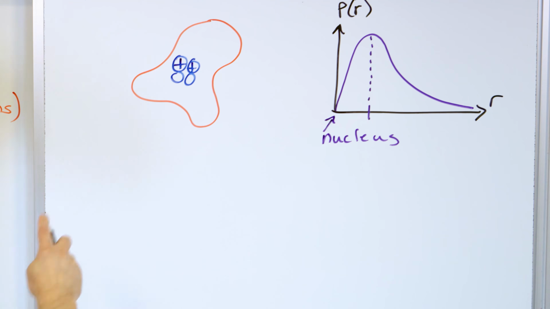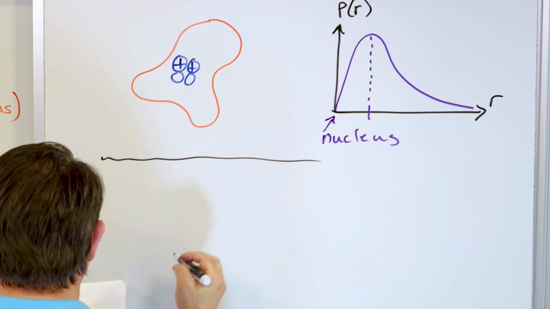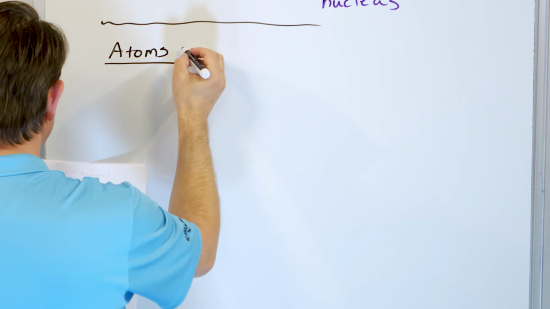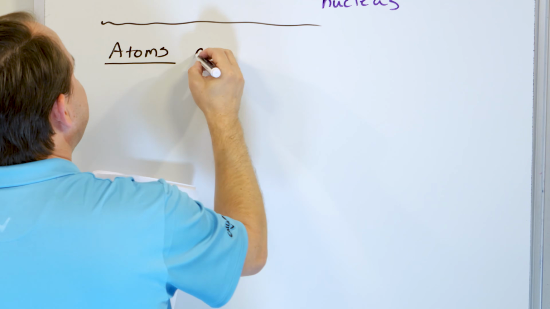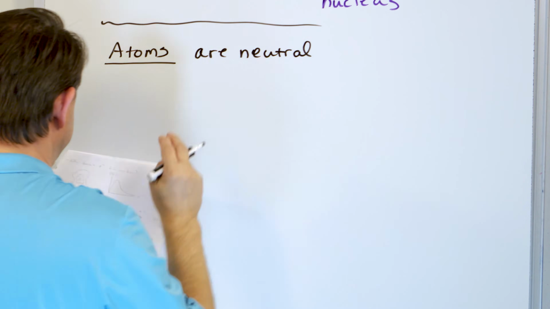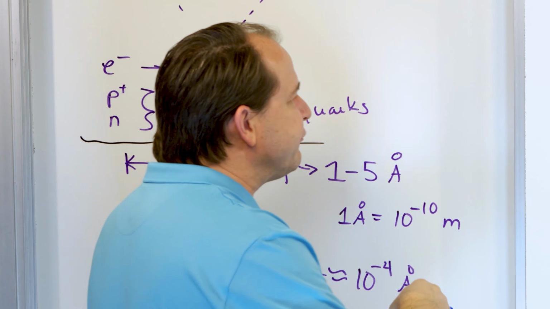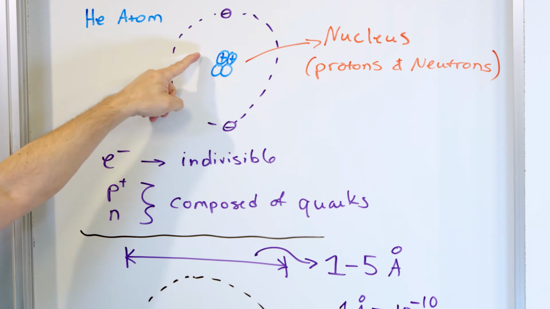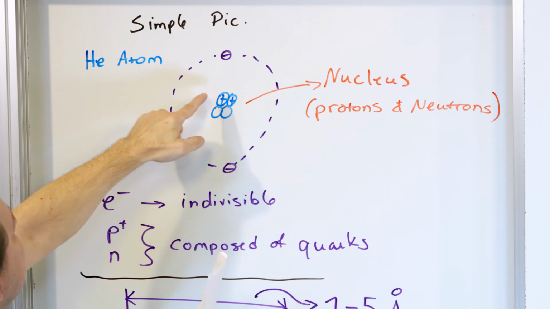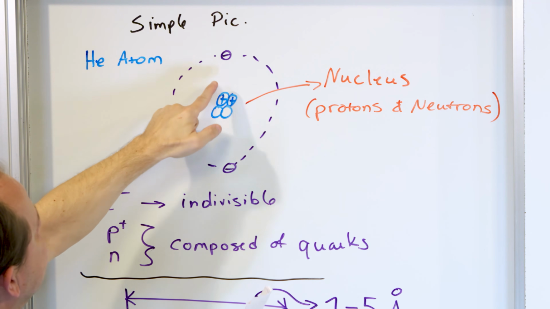All right, getting back to the core of this lesson, we need to talk about atoms, which is what we've been talking about the whole time. But I want to make sure you understand that atoms are neutral. And when I say neutral, I mean that they are electrically neutral. This atom has 2 protons and 2 electrons. So from a faraway distance, if you stand back, it has a charge of +2 and a charge of -2.